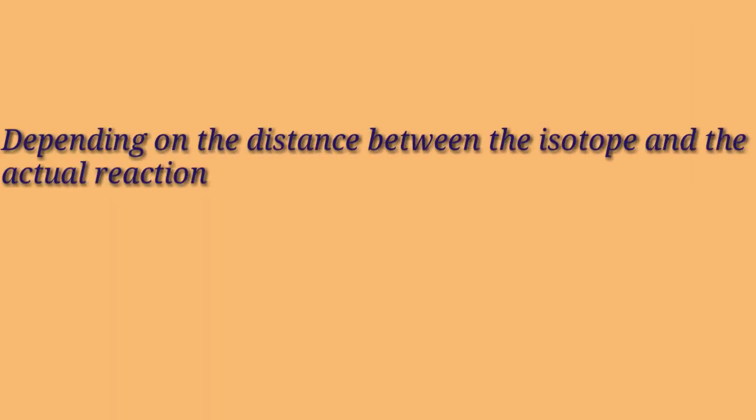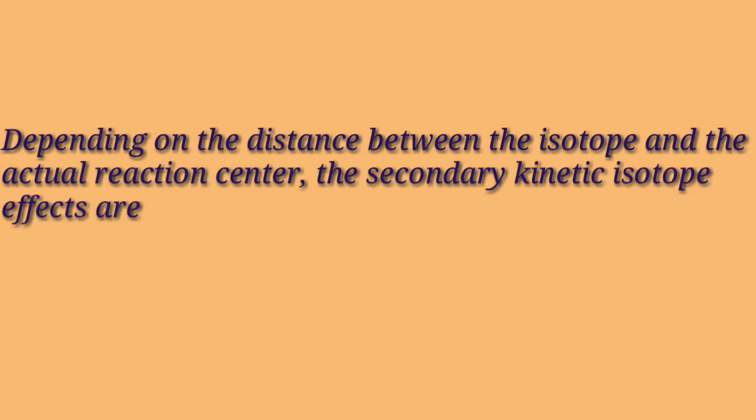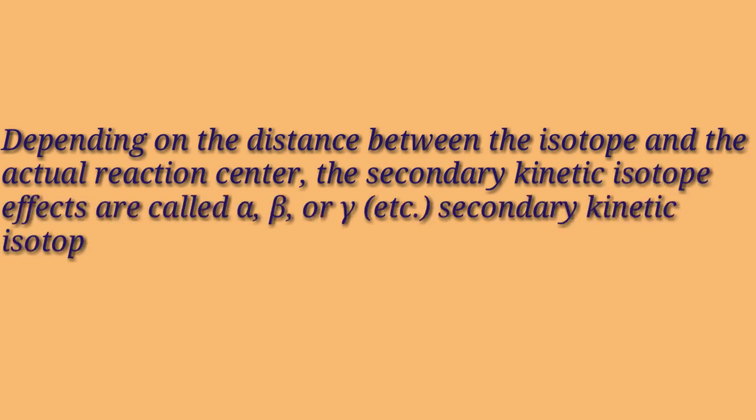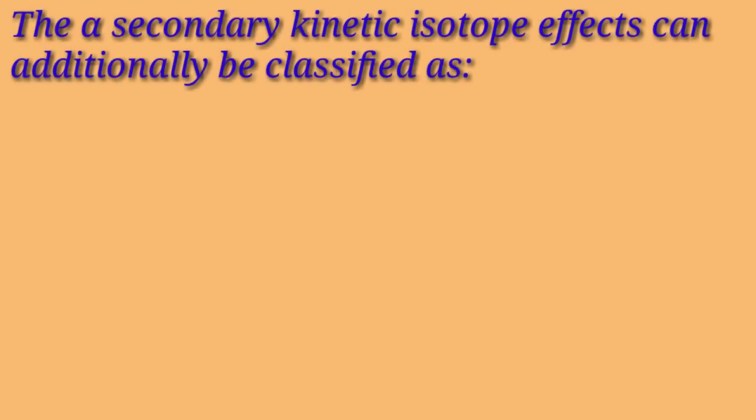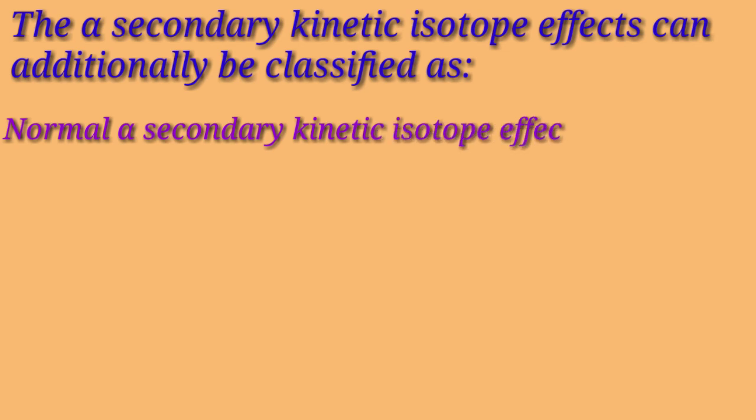Now, depending on the distance between the isotope and the actual reaction center, the secondary kinetic isotope effect can be called alpha, beta or gamma secondary kinetic isotope effect. The alpha secondary kinetic isotope effect can additionally be classified as normal alpha secondary kinetic isotope effect, where kH upon kD is greater than 1.